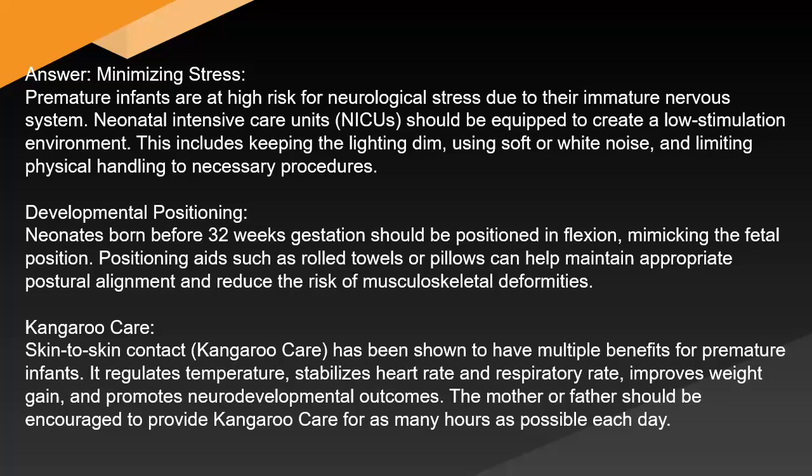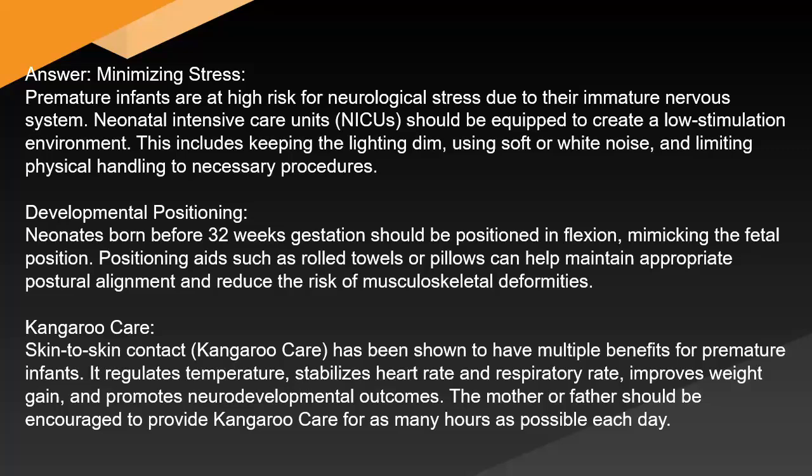This includes keeping the lighting dim, using soft or white noise, and limiting physical handling to necessary procedures. Developmental positioning. Neonates born before 32 weeks gestation should be positioned in flexion, mimicking the fetal position. Positioning aids such as rolled towels or pillows can help maintain appropriate postural alignment and reduce the risk of musculoskeletal deformities.